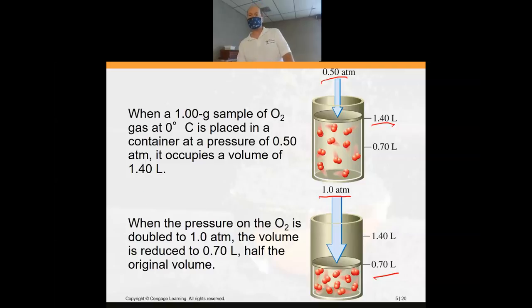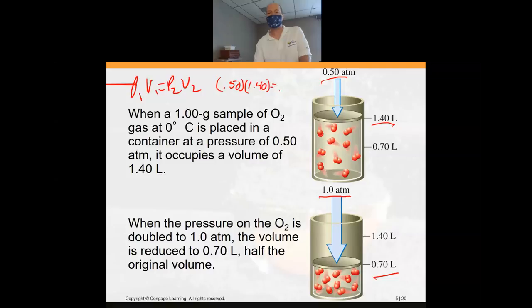Again, you increase your pressure, and you can put that into P1V1 is equal to P2V2. If you put in your 0.50 atmospheres at a volume of 1.4 liters, and then you go to 1 atmosphere, you could solve for it.